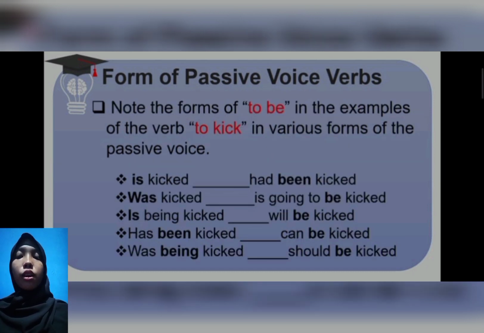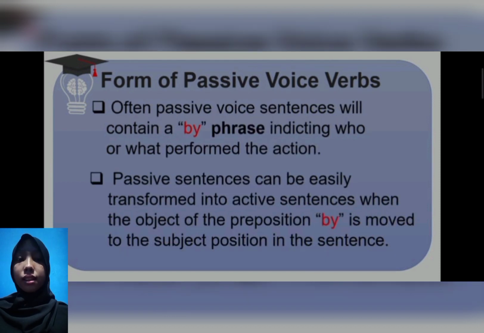Note the forms of to be in the examples of the verb to kick in the various forms of the passive voice: is kicked, had been kicked, was kicked, is going to be kicked, is being kicked, will be kicked, has been kicked, can be kicked, was being kicked, should be kicked. And next slide.